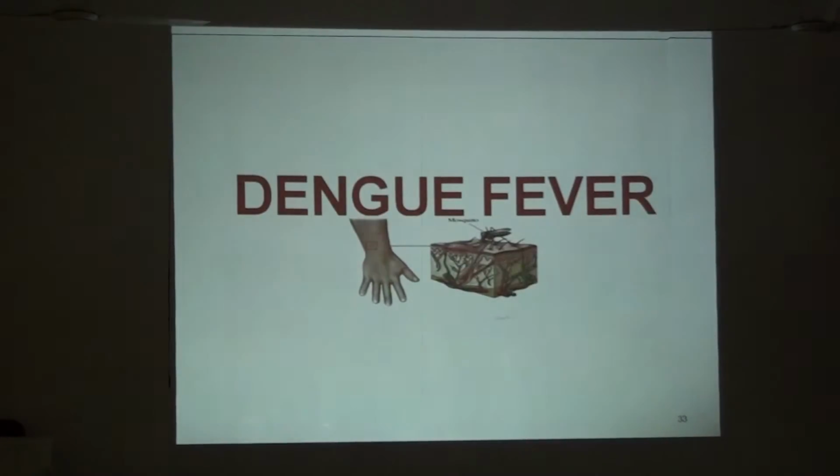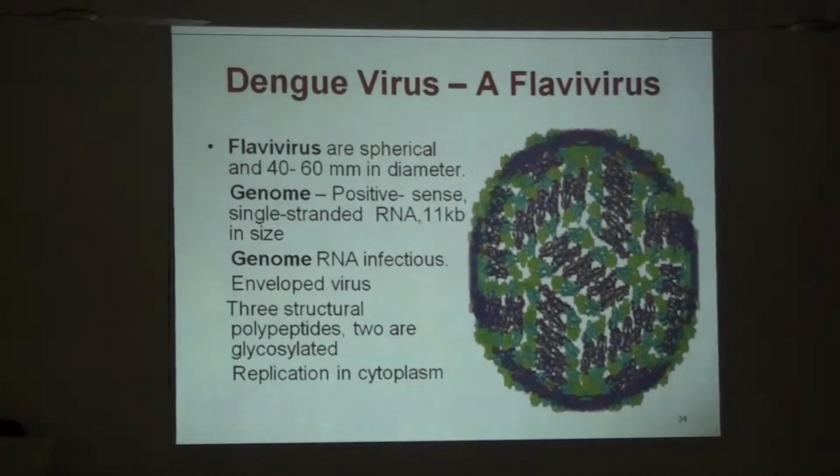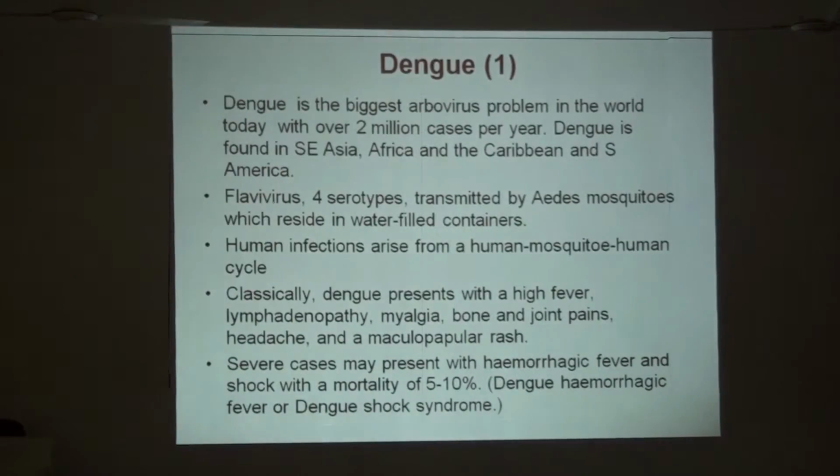So the first one is the dengue virus. The dengue virus is, as I have told previously, a flavivirus, spherical and 40 to 60 nanometers in diameter, and the genome is single-stranded RNA, which is infective. This dengue virus causes the disease dengue.